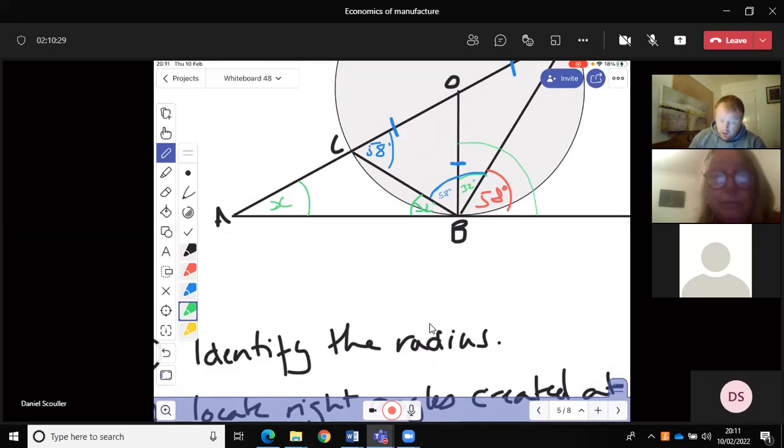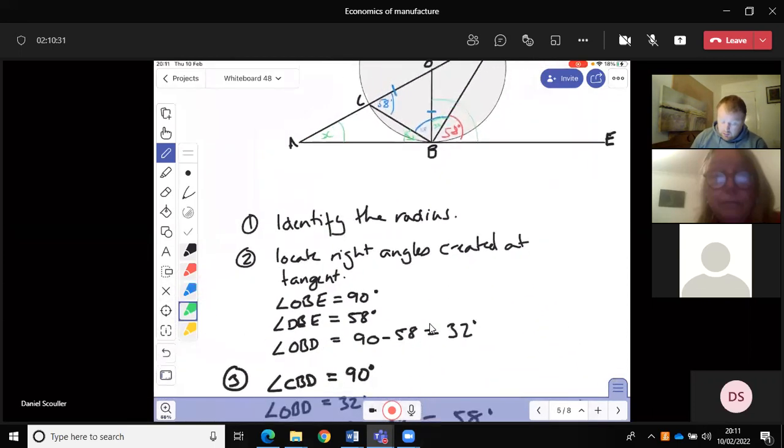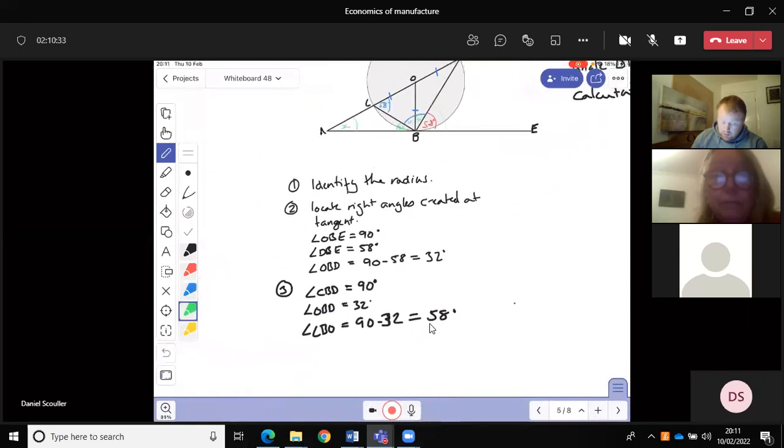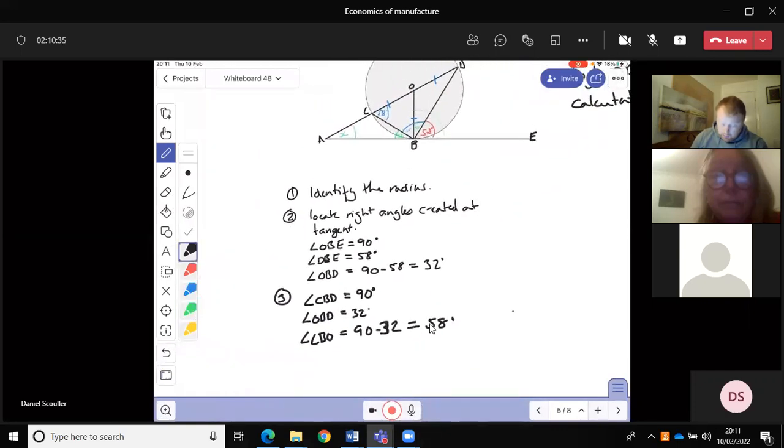Okay, so we've drawn a couple of things on there, so let's write these down as we're going through it. So 4, because triangle BOC is an isosceles, that allows me to say the angle OCB is the same as angle CBO, which is 58 degrees.